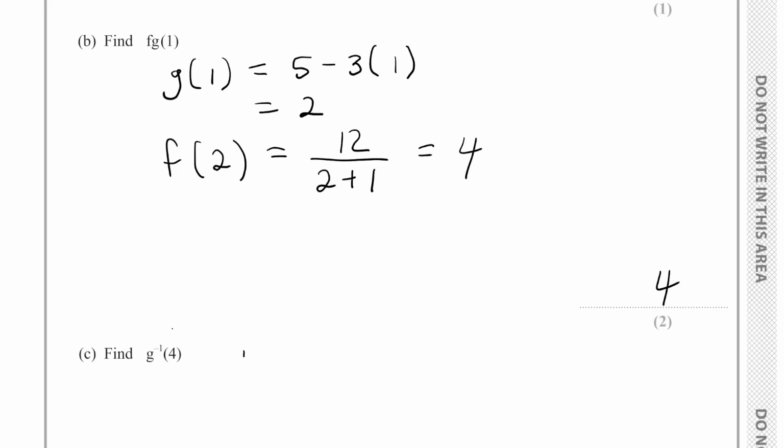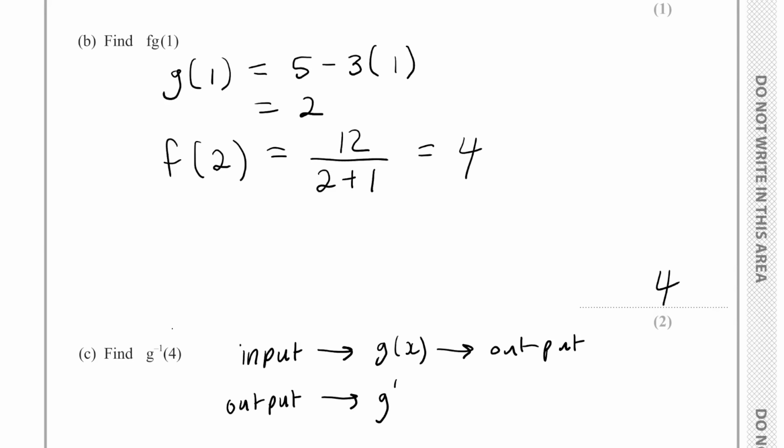If there's a function g, you have an input, you put it into g, and you get out the output. g minus 1 of x is the opposite. You get the output, you put it into the opposite function, and it takes you back to the input. It does the opposite thing. Instead of going from left to right, it goes from right to left.